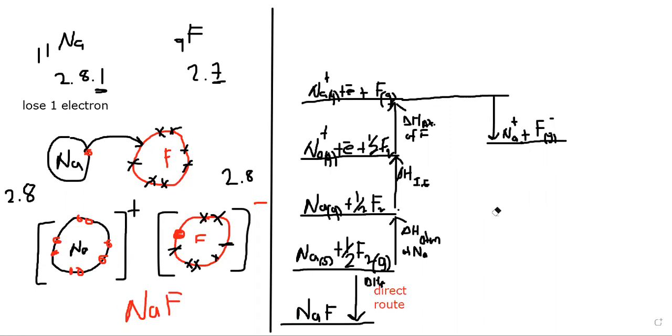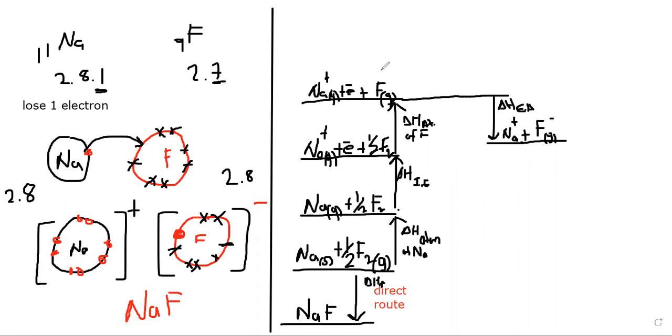So the final, all right, let me just write this here before I continue. So right here we have electron affinity. So this is the enthalpy. I'm going to put EA for electron affinity. So electron affinity is when an atom gains the electron.